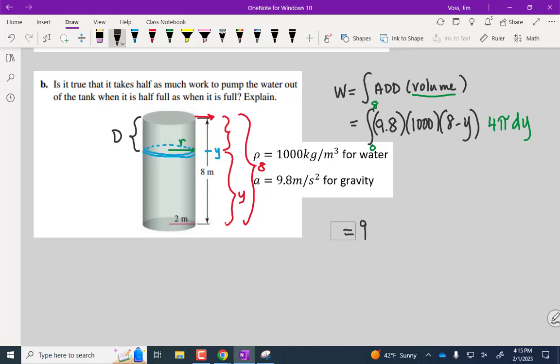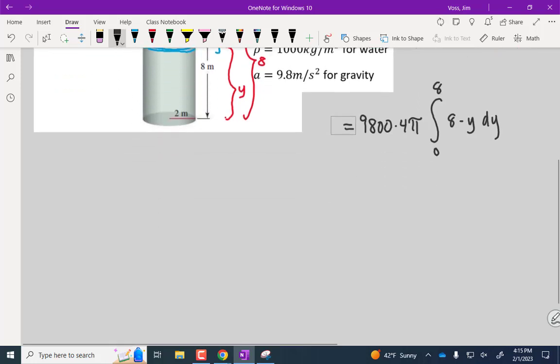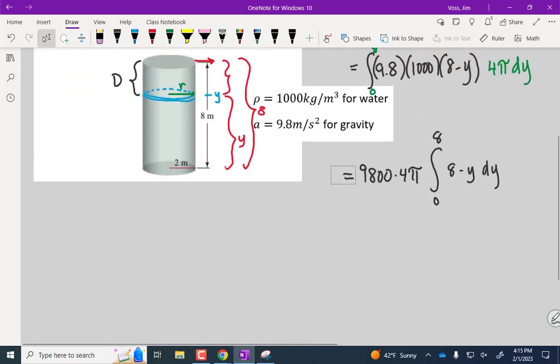So then we can factor out the 9,800, we can factor out the 4 pi, and all that's left in this integral from 0 to 8 is 8 minus y. I'll just leave this unmultiplied out for a moment.